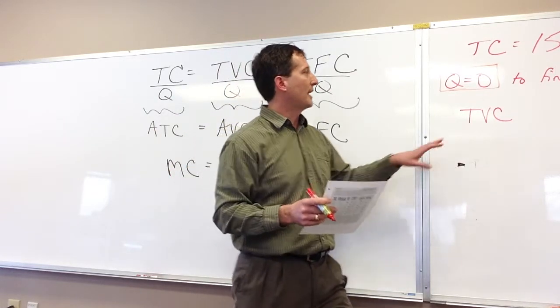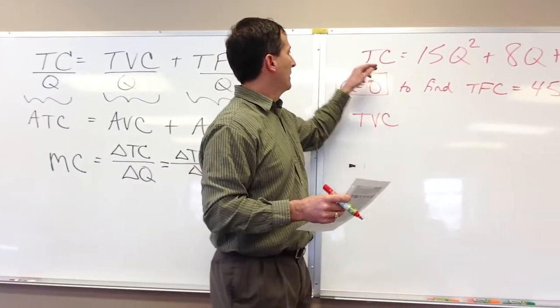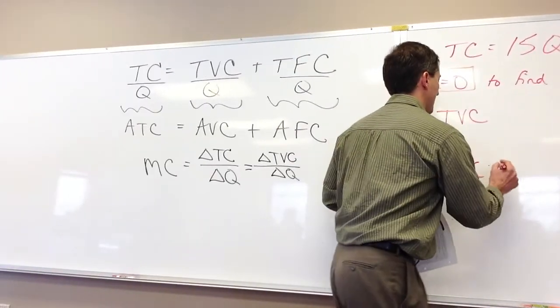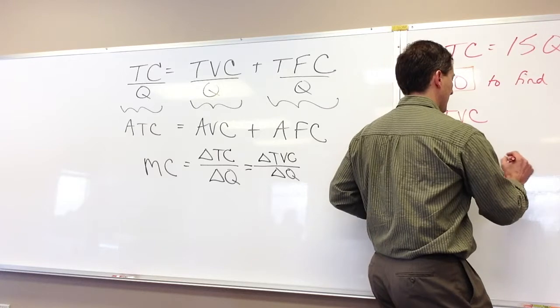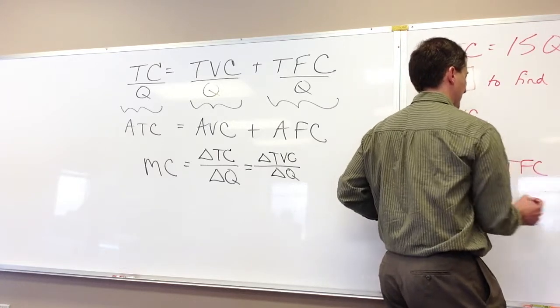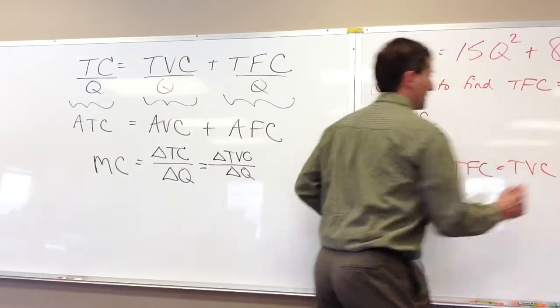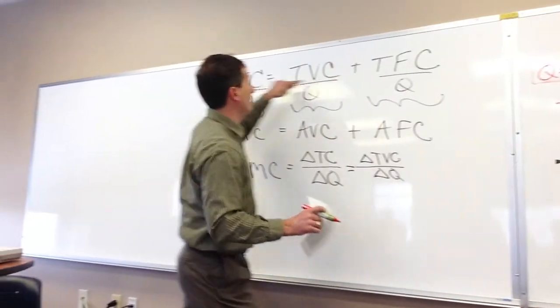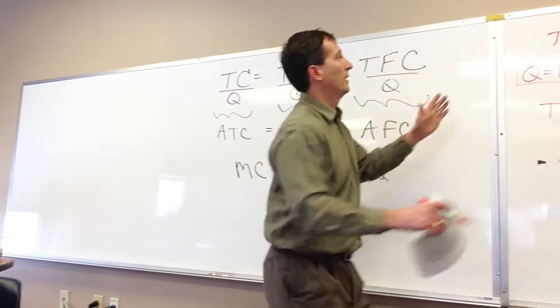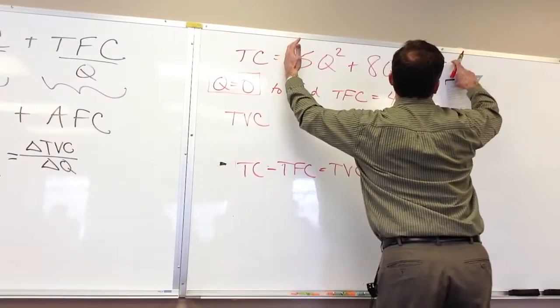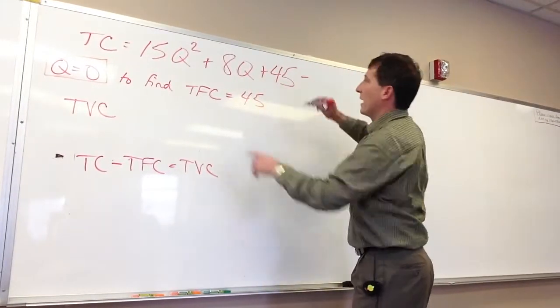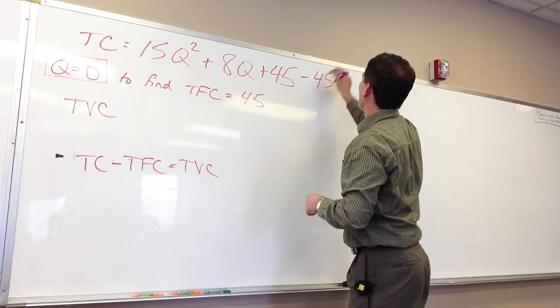Now you could say that total cost minus total fixed cost equals total variable cost. Manipulate this equation around. That would be legit. I've got this function minus my total fixed cost, the 45. The 45s cancel.